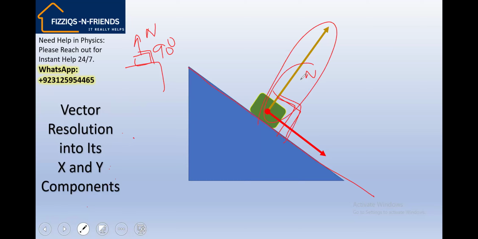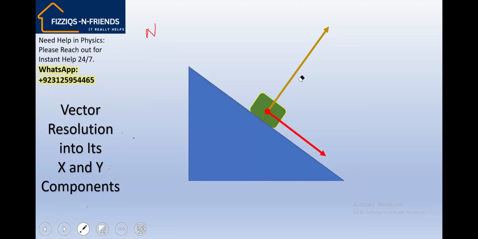Okay, so this is 90 degrees, right? You need to remember that. Normal force is always at 90 degrees to the surface. If the surface is like this, the normal force will be like this, so that it makes a 90 degree angle. All right.